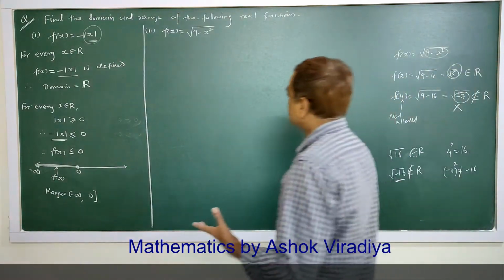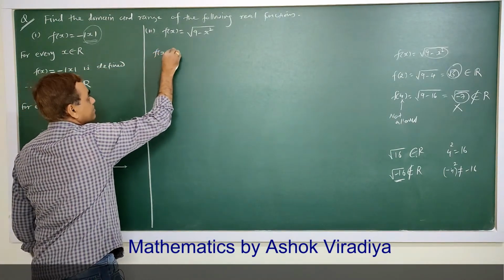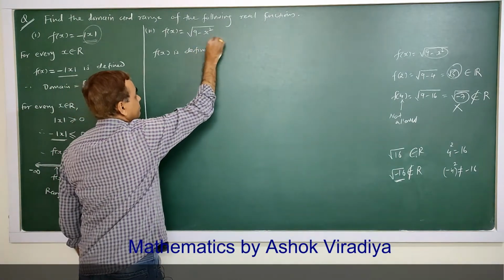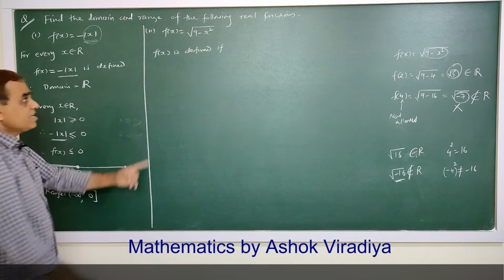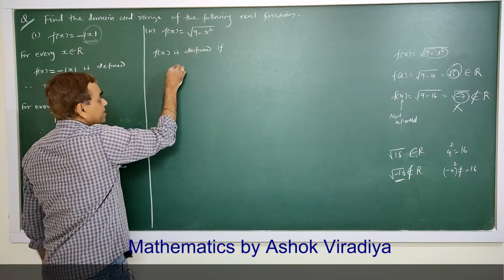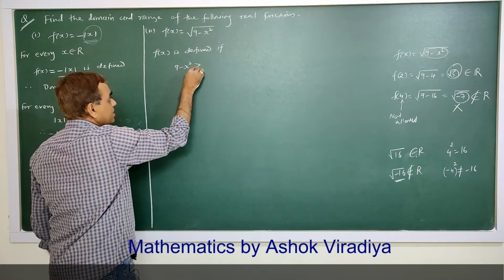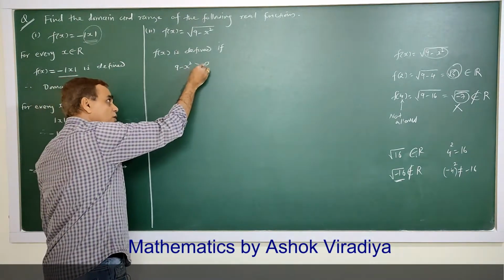So for this question, f(x) is defined if, whatever is in the radical sign, in the square root sign, this must be positive. 0 is allowed.